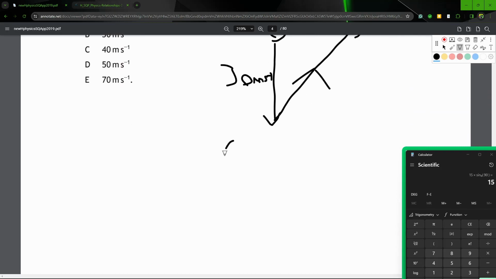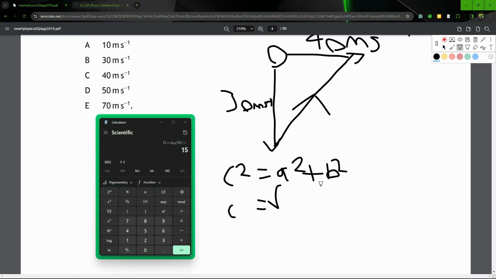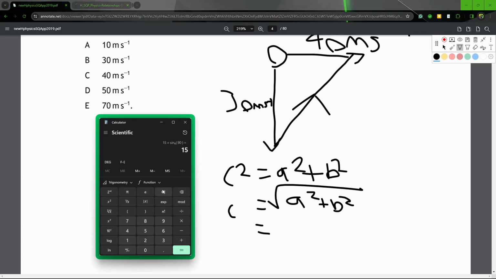Okay, so how about we use everyone's favorite formula, c squared equals a squared plus b squared, to solve this. So that means c will equal the root of a squared plus b squared. And I'll just run that through my calculator.